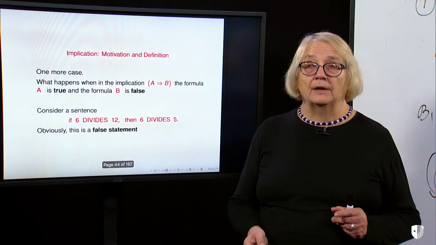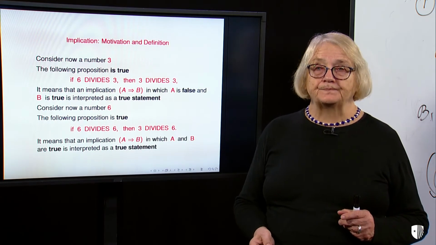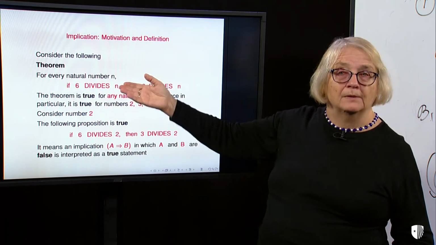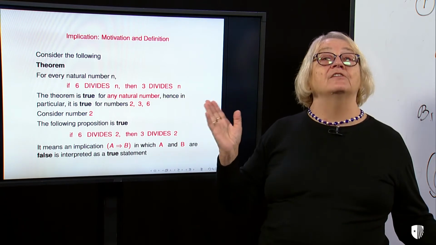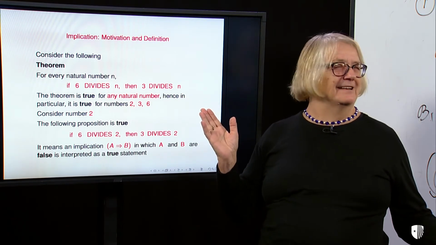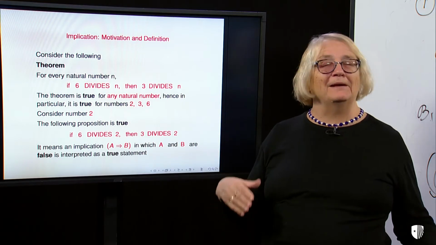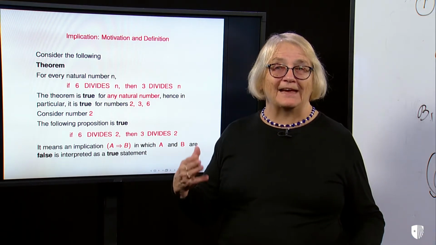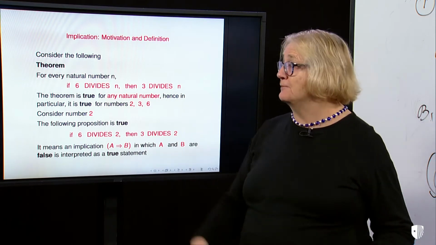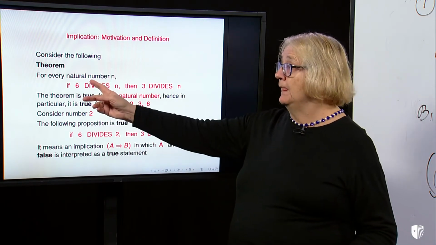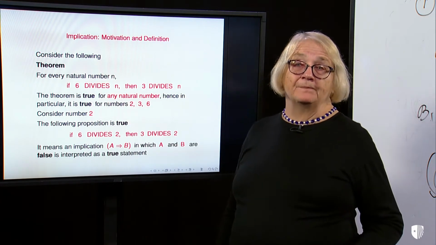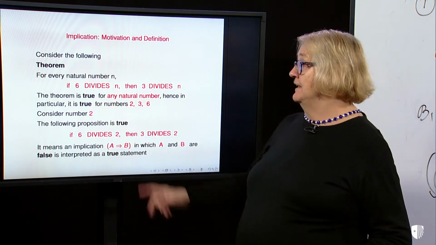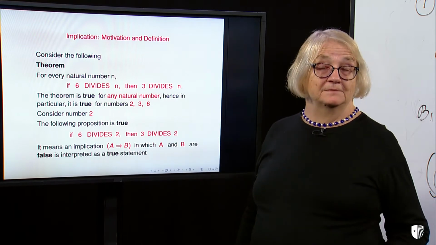So let's now look at the following simple mathematical theorem. It's nice to use the word theorem, but it's a fact which everybody agrees with and which was proven in mathematics. For example, for every natural number n, if 6 divides n, then 3 divides n.